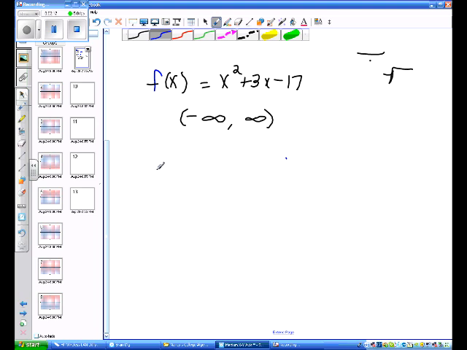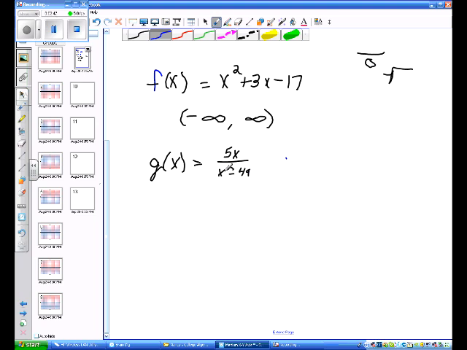Now, if our function was g of x is equal to 5x over x squared minus 49. Okay, we want to consider our domain. Well, in this case, we have a denominator, and we know that we cannot have a denominator of 0.